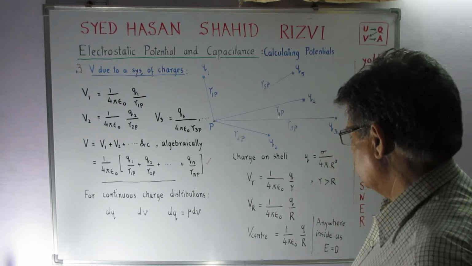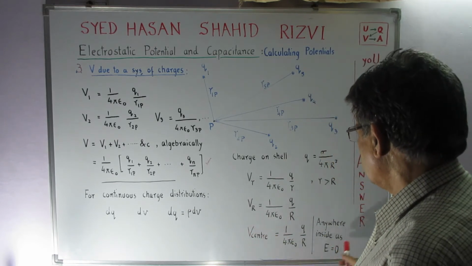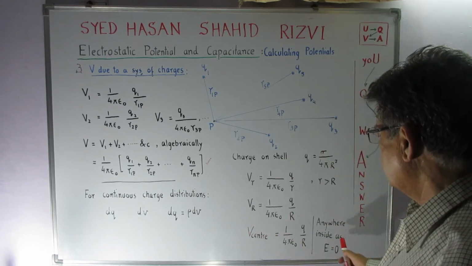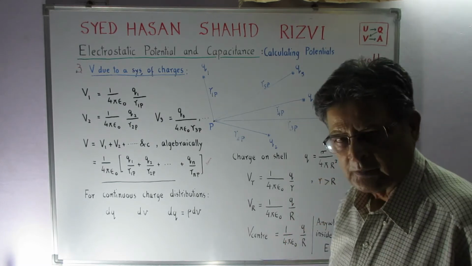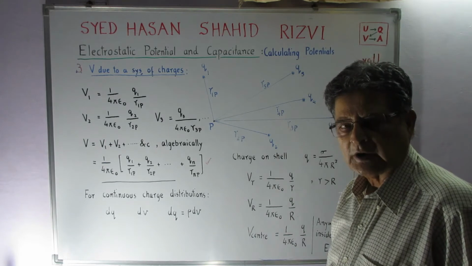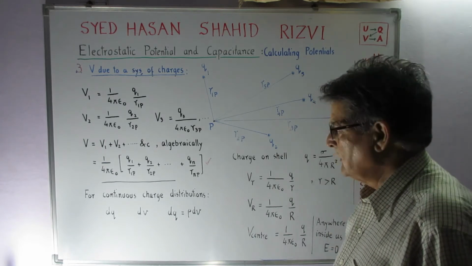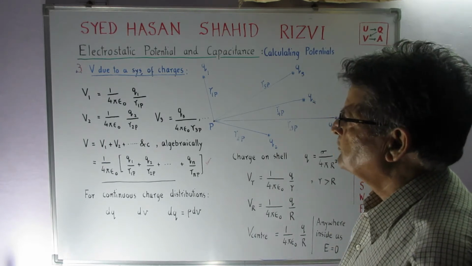So anywhere inside, it is equal to 1 upon 4 pi epsilon naught Q upon R, where capital R is the radius of that shell.